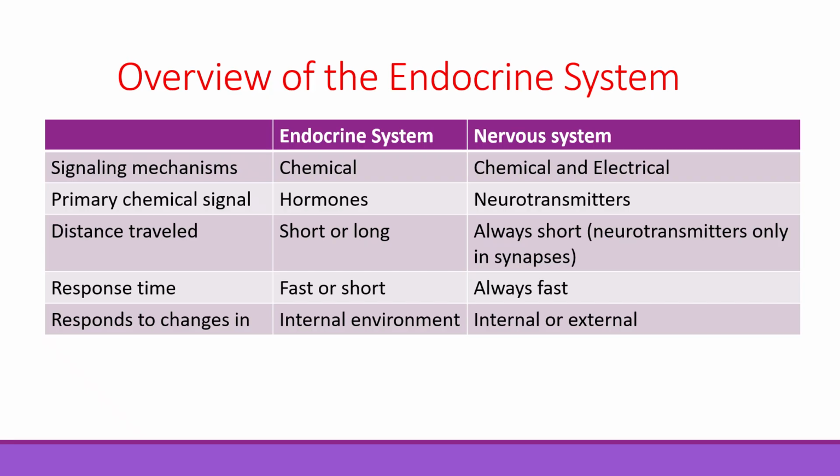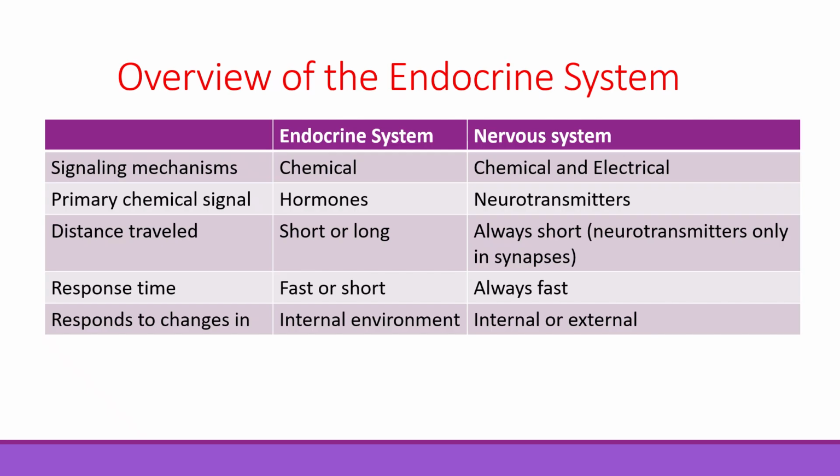The distance traveled, how far those hormones travel in the endocrine system, could be a long way, it could be a short way. In the nervous system, they were always short. Remember, neurotransmitters only had their effect at the synapse, the space between the two cells. They didn't have any effect anywhere else.